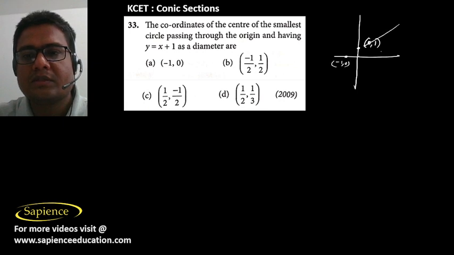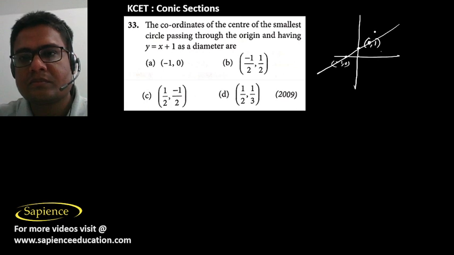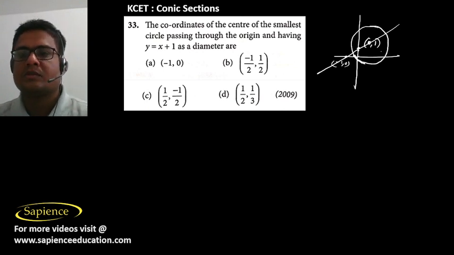So the straight line is like this, and the circle should pass through the origin also. It is passing through the origin.